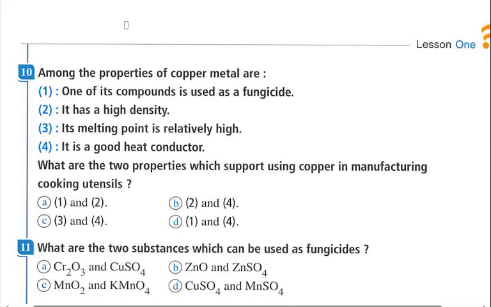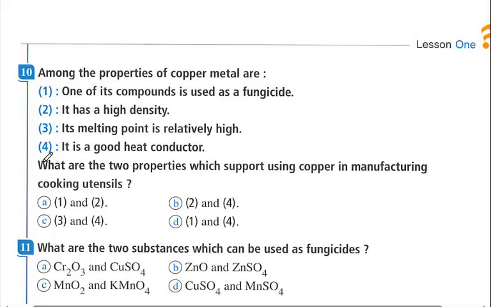Among the properties of copper metal, one of its compounds, copper sulfate, is used as a fungicide. It has high density, 8.78 gram per cubic centimeter, yes, it is correct. Its melting point is relatively high, 1083. Yes, it is a good heat conductor. So what are the two properties which support using copper in manufacturing cooking utensils?